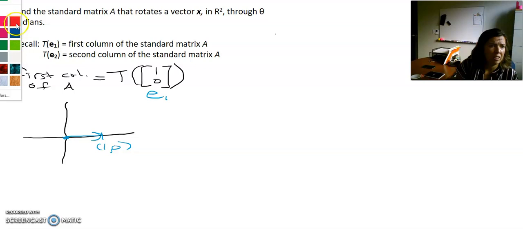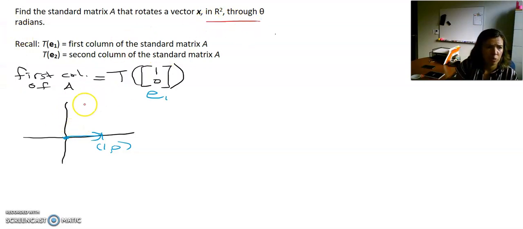Now T of E1. So if we rotate the vector through theta radians, whatever theta is, then T of E1, all right, something like that.